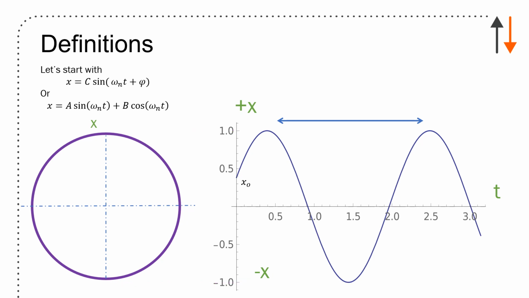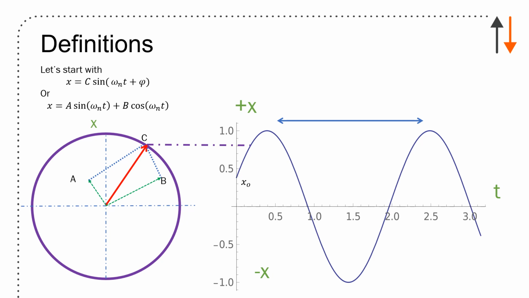So if I look at my solution, that's any one point in this sort of rotational, or really oscillatory, motion. I'm going to have a value of x that corresponds to this red arrow I've just put on the screen.